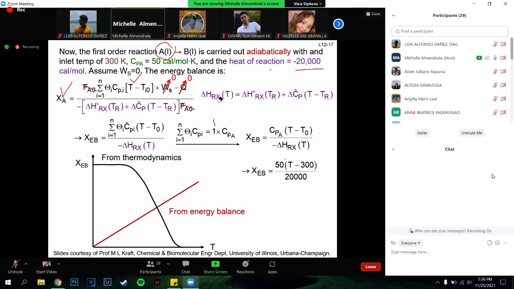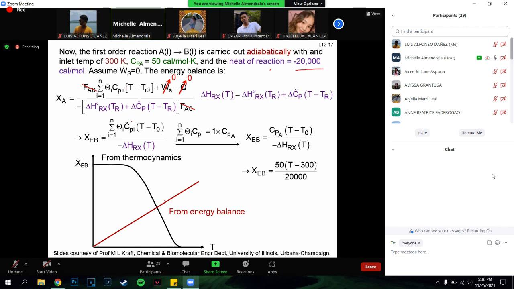You can plot using your MATLAB again. You practice, class. You can use this same problem and compute, because XEB and XA are equal. They are just the same at equilibrium. And so you're also solving for the same T here, whether it's energy balance or mass balance.